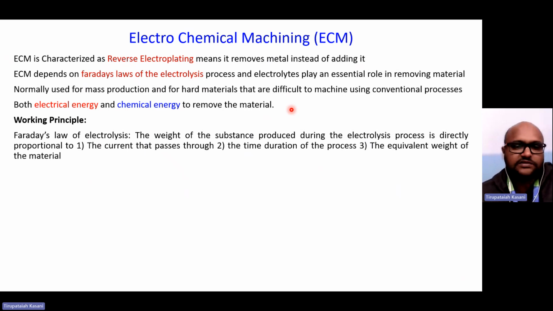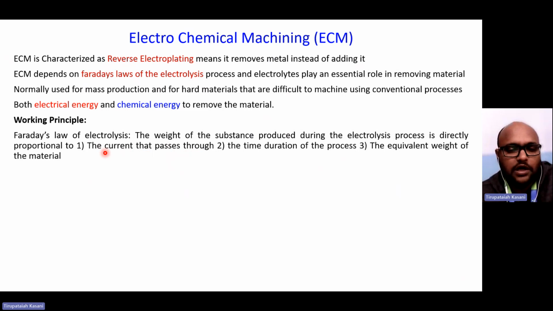See here, Faraday's law of electrolysis: the weight of the substance produced during the electrolysis process is directly proportional to the current that passes through, the time duration of the process, and the equivalent weight of the material. Meaning, the amount of material removed from the workpiece is directly proportional to the current passed through it.